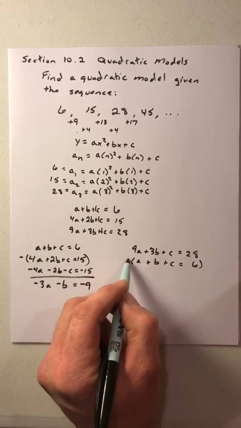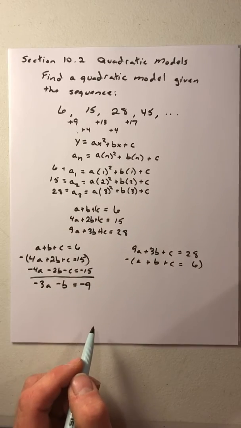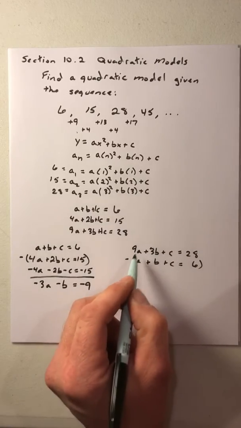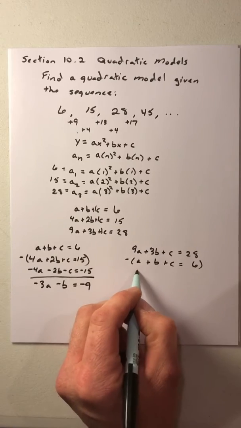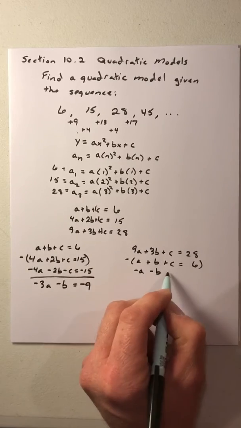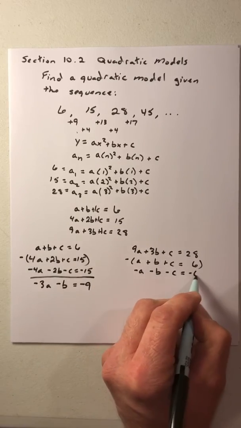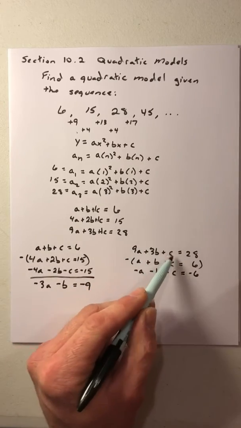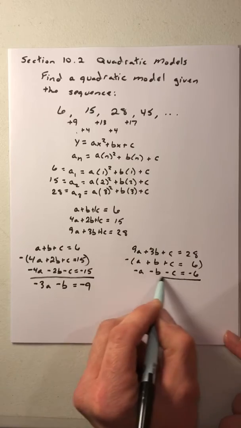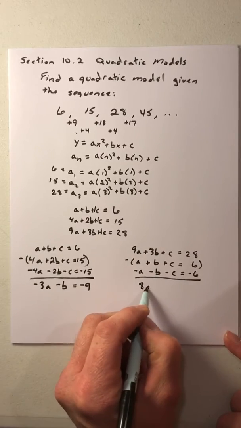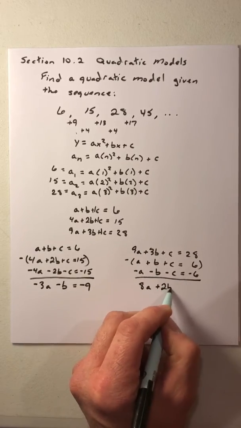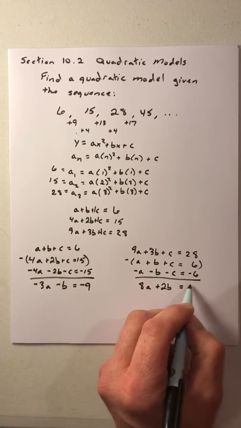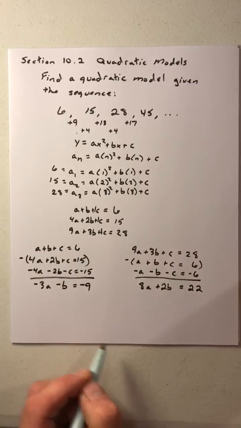Again, if I multiply by a negative, distributing that negative through, I get negative a minus b minus c equals negative 6. Now I can add my two equations together and end up with 8a plus 2b, my c's eliminate, equals 22.